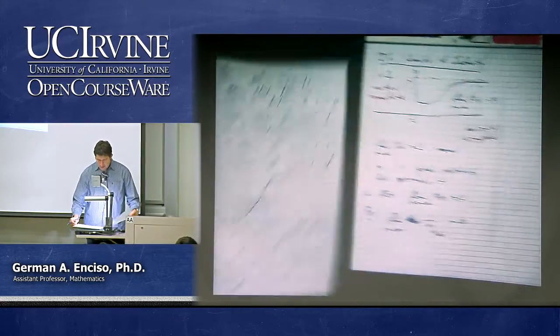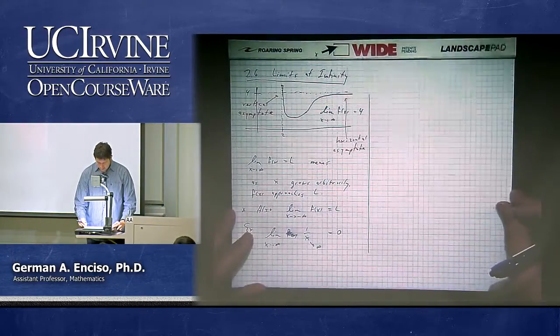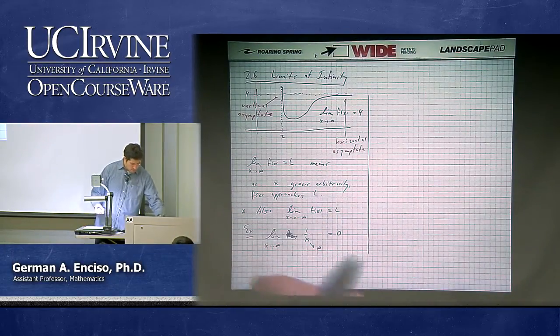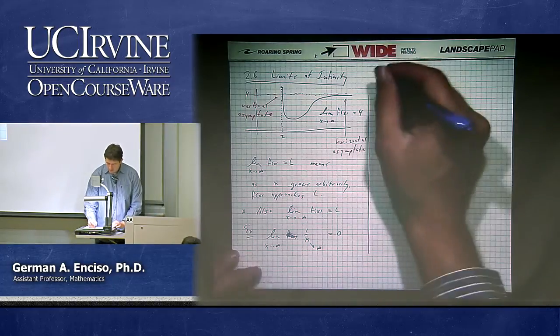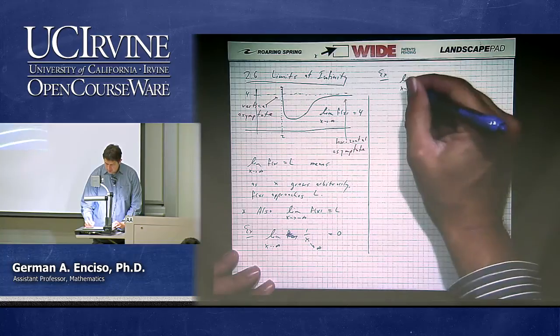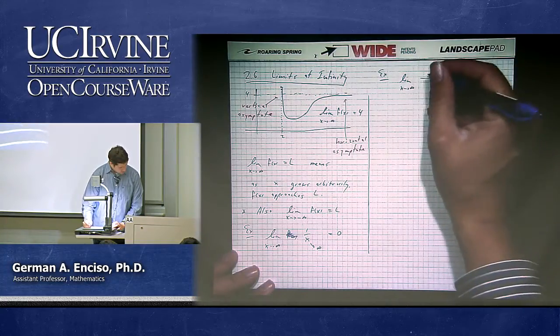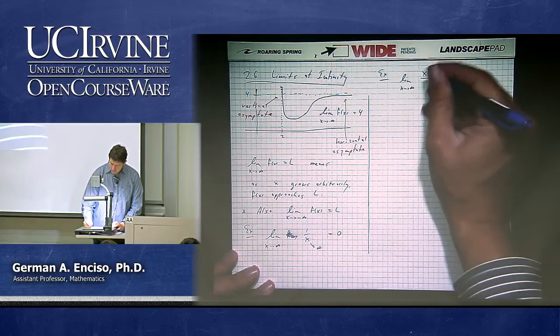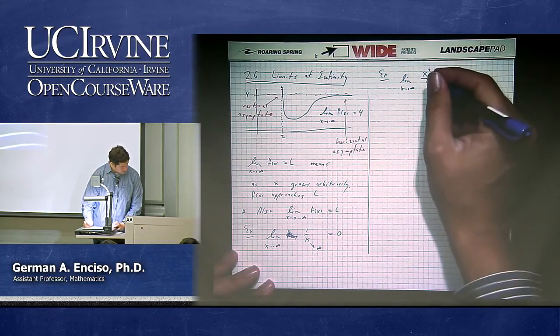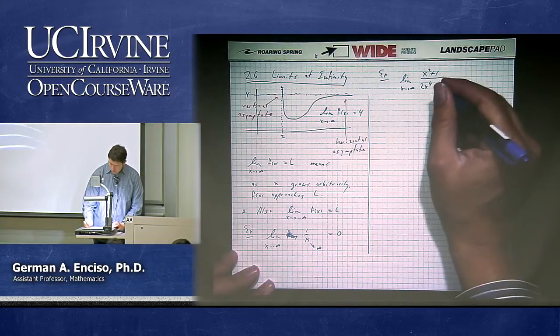Awesome. Let's do one slightly more complicated one, and you'll start seeing a method to this whole thing. Limit when x goes to infinity of x squared plus 1 divided by 2x to the 4 minus 3.